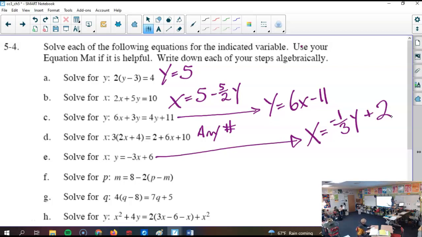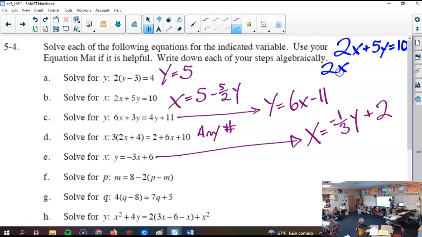I'm so confused by B. Please stop with the side chatter, because when people say they're so confused, it's worth talking about. 2x plus 5y equals 10, trying to isolate for the x. To get rid of the 5y, we subtract 5y off of both sides.